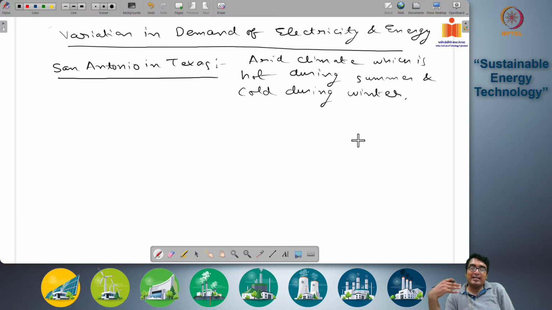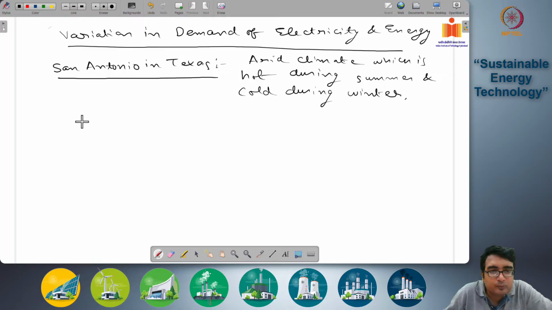It's a city which is extremely hot during the summer months and quite cold in the winter months. In the Indian context, this will be like Delhi in India, which can become extremely hot in summer and reach quite low temperatures during the winter times. So for this city, the demand curve of electricity in summer and winter months looks something like this.